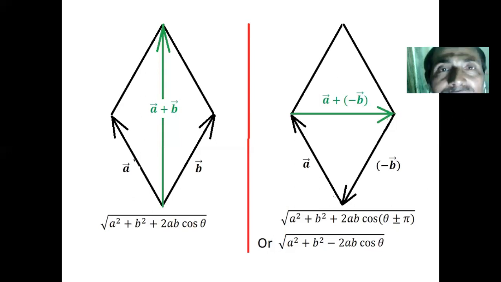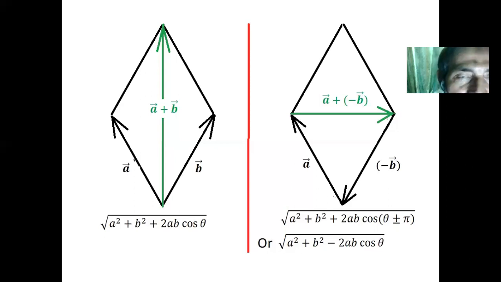And the magnitude of the resultant vector is written as A square plus B square plus 2AB cos theta. Now, if you come to the right side, there is a little change. The change is occurring only in the vector B. Here at the right side, vector B has its direction inverted. This little change in the right side figure can be expressed in two different ways.